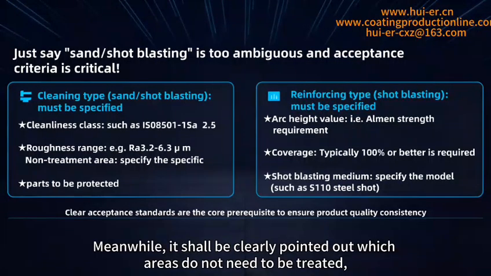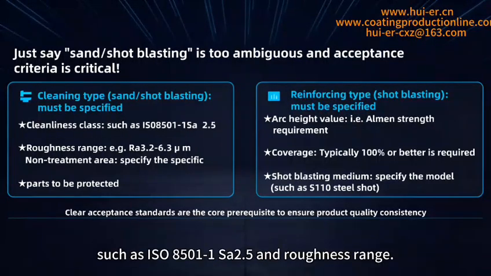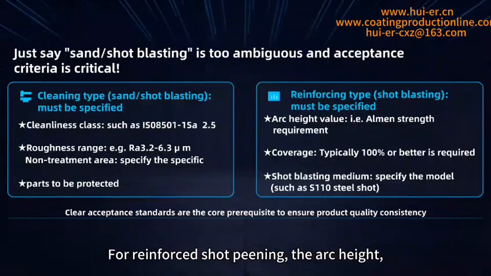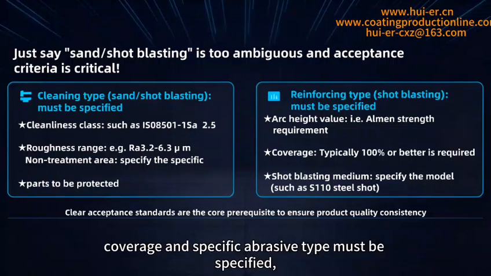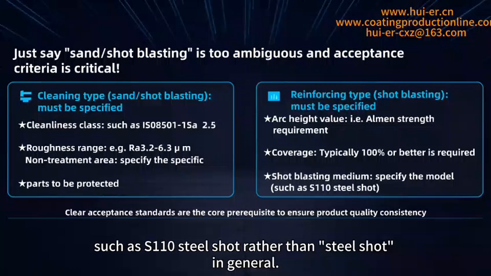Meanwhile, it shall be clearly pointed out which areas do not need to be treated. For reinforcing shot peening, the arc height, coverage, and specific abrasive type must be specified, such as S110 steel shot rather than steel shot in general.